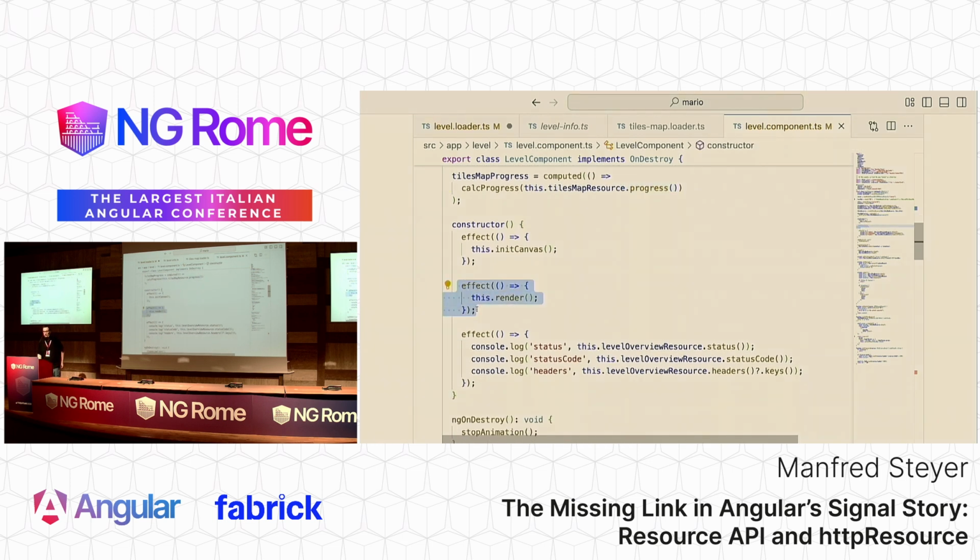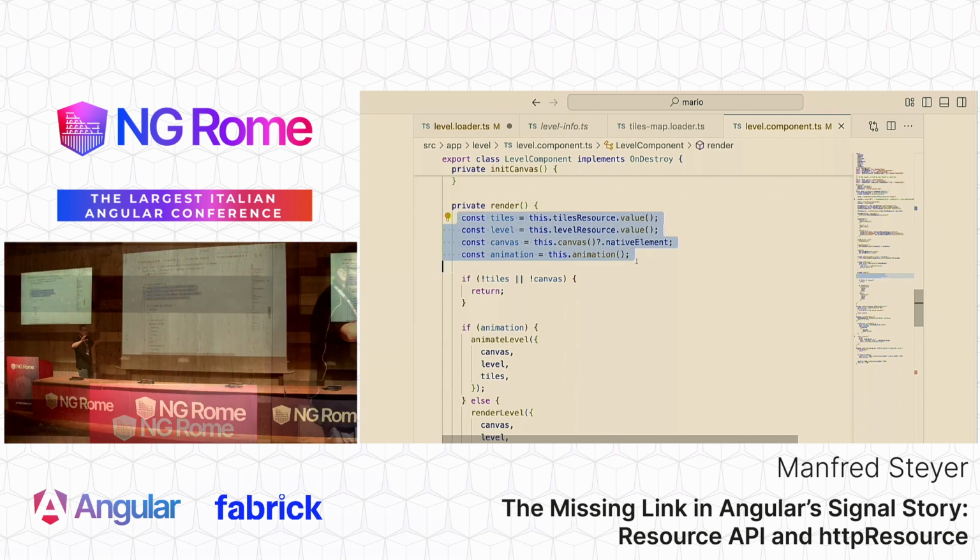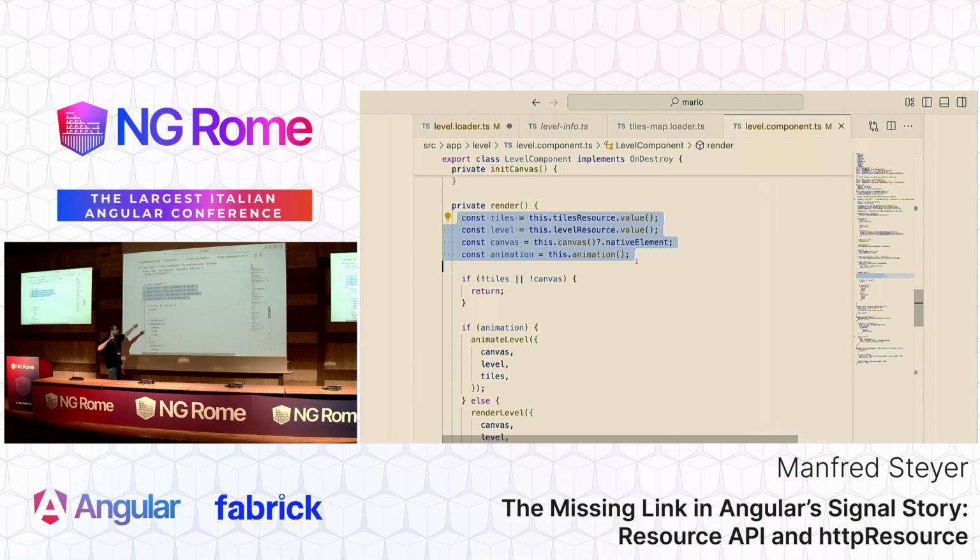And here we have something you usually don't see in a good Angular application, an effect. As mentioned before, as we need to call a function to paint something on the canvas, we need it here. And what this render function inside of the effect is doing, it is first of all reading all the values we need. And that means the effect will track those signals.